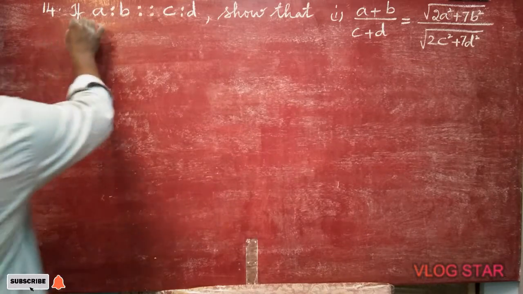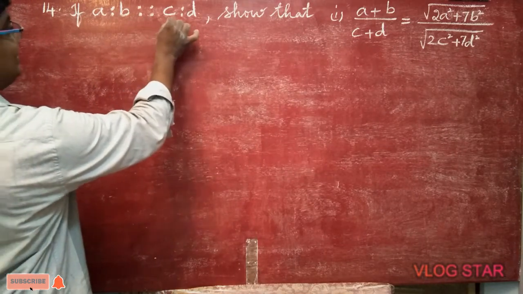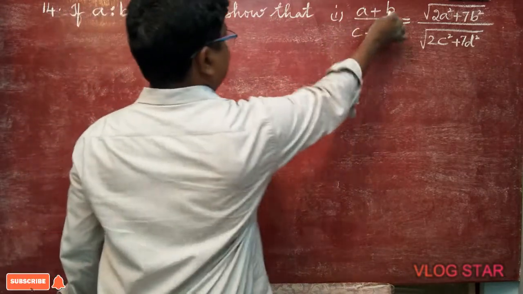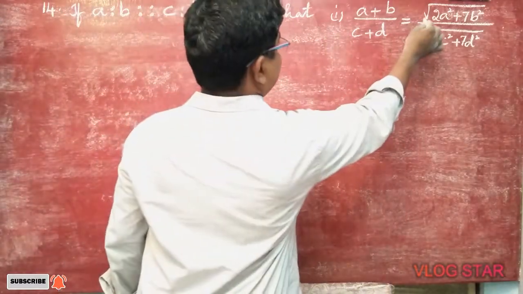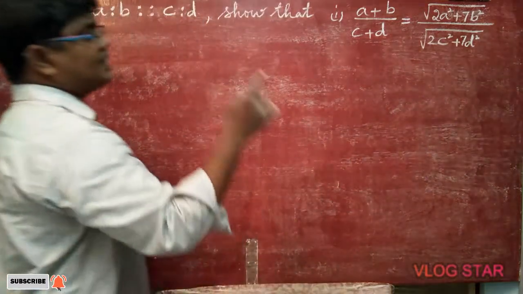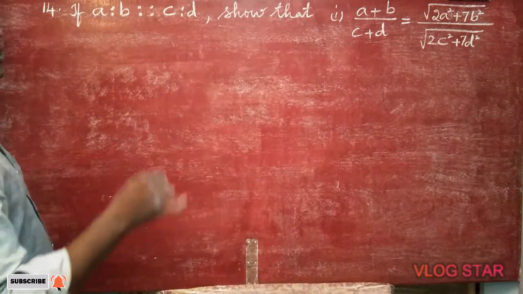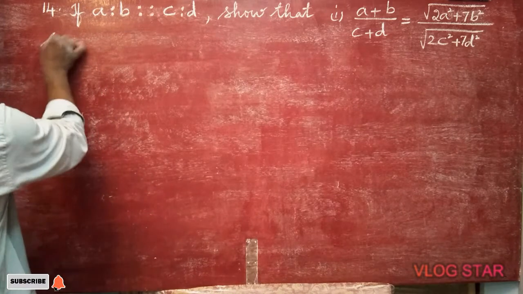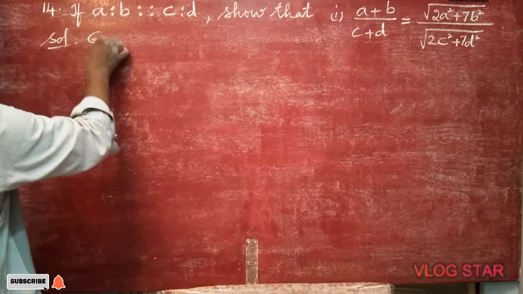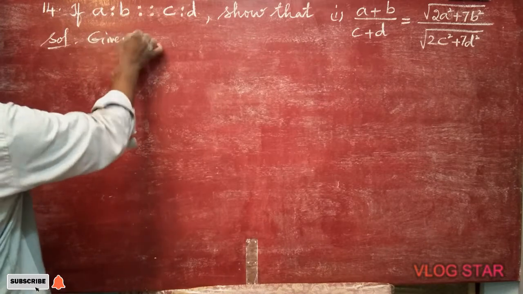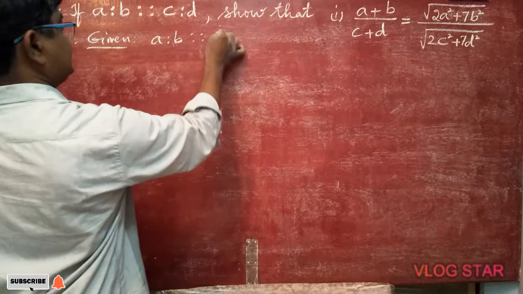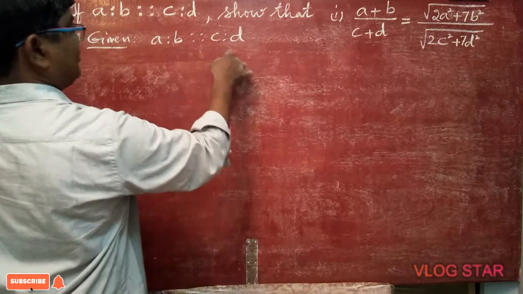14th problem. If A is to B as C is to D, show that first bit, A plus B by C plus D is equal to square root of 2A square plus 7B square by square root of 2C square plus 7D square. Now solution. What is the meaning of this one? I told you A is to B as C is to D means they are in proportion.